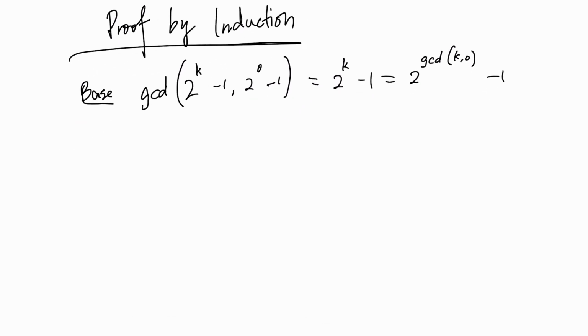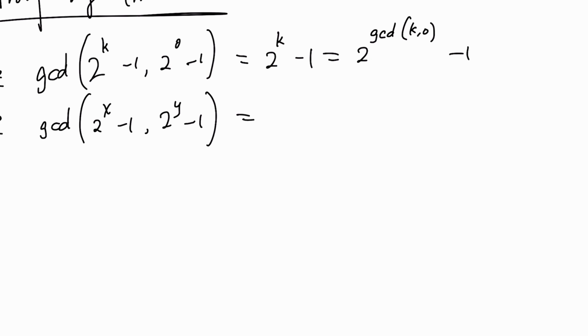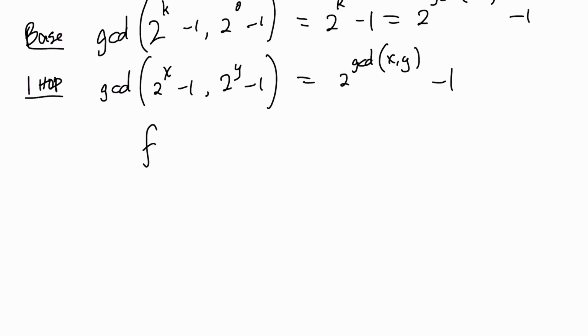Base case. Now, our inductive hypothesis would be that the GCD of 2 to the, let's use another variable, x minus 1 and 2 to the y minus 1 would be equal to 2 to the GCD of x, y minus 1 for x plus y is less than some variable.